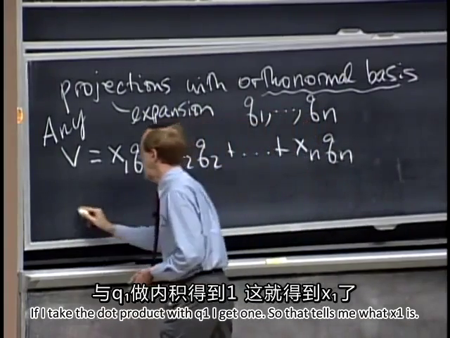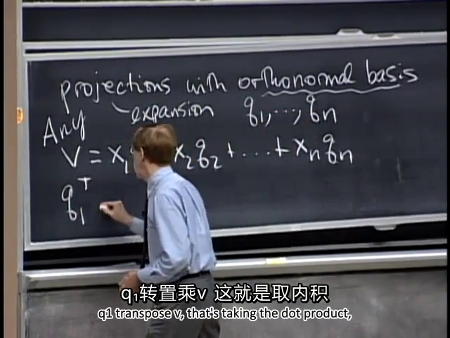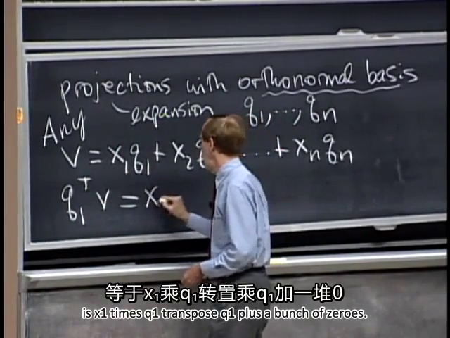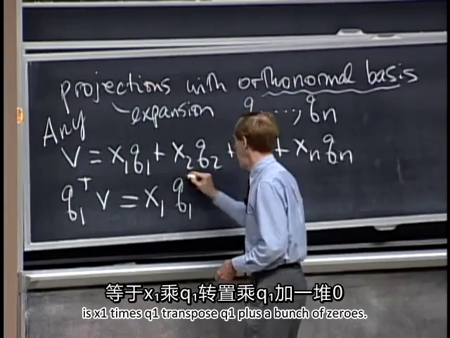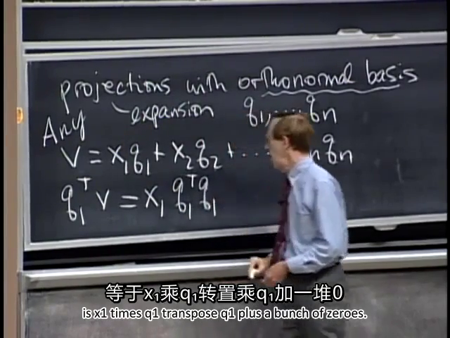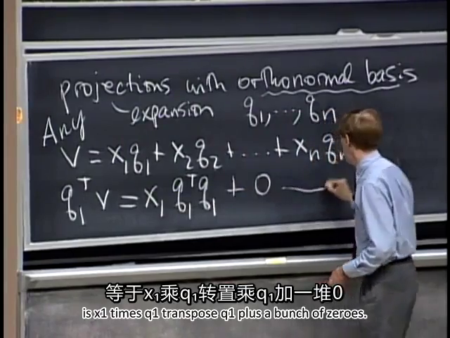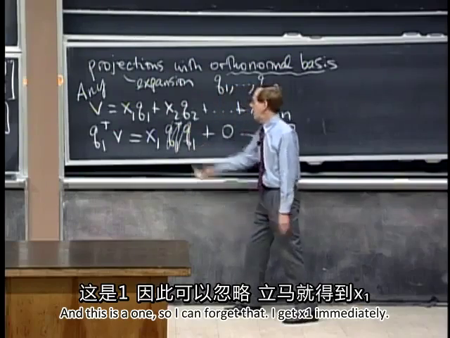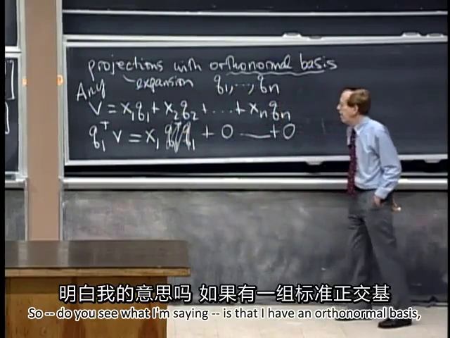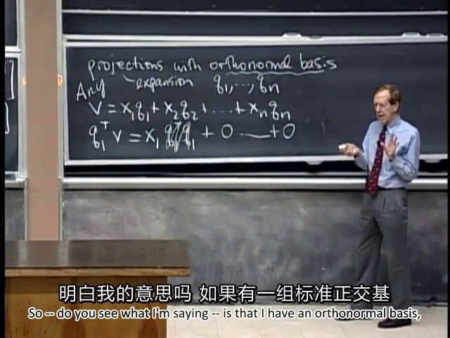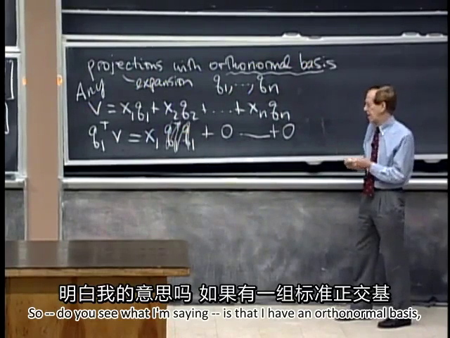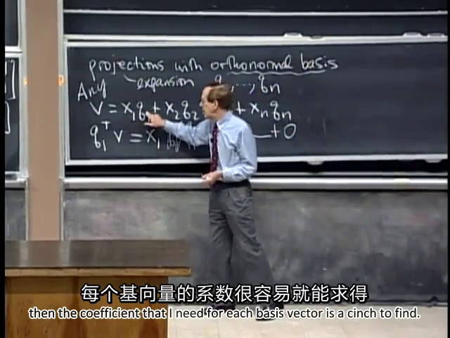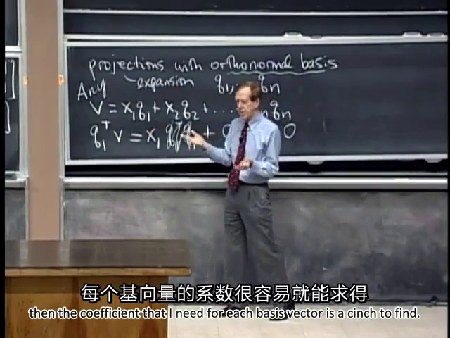So that tells me what x1 is. q1 transpose v, that's taking the dot product, is x1 times q1 transpose q1 plus a bunch of zeros. And this is a 1, so I can forget that. I get x1 immediately. So you see what I'm saying is that if I have an orthonormal basis, then the coefficient that I need for each basis vector is a cinch to find.